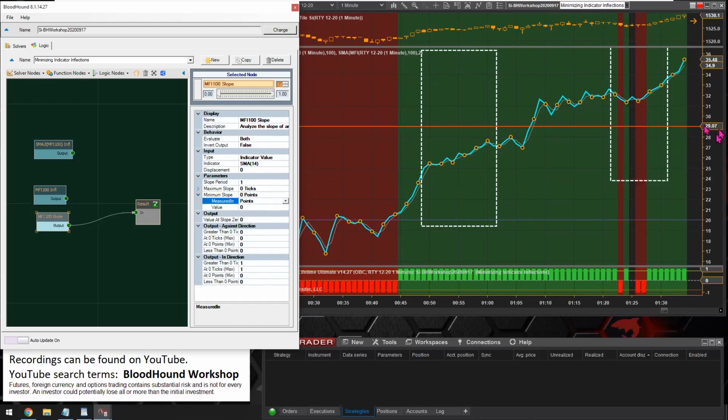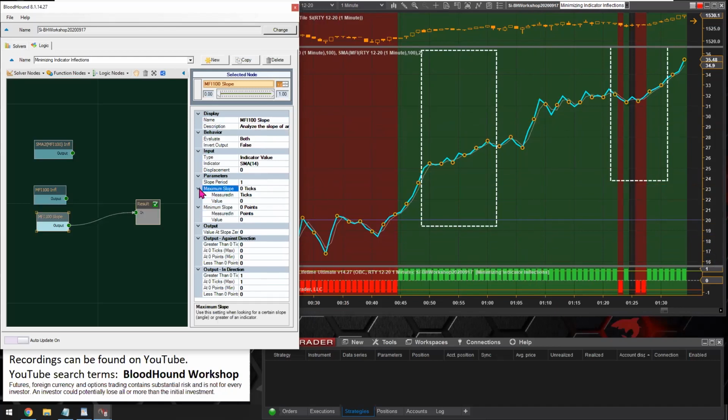Basically, these MFI values here going from 1 to 2, 4 to 5, those are point values for your indicator. So let's change the measurement units from ticks to points. And when we start using points, we're going to get expected results.